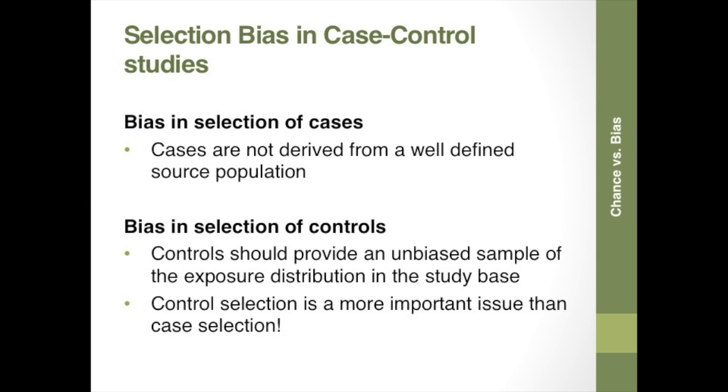Selection bias can occur in a case-control study if controls are more or less likely to be selected if they have the exposure. Ideally, controls should be a non-biased sample of the population base from which cases were selected. Sometimes a good selection of controls is more important than a good selection of cases.